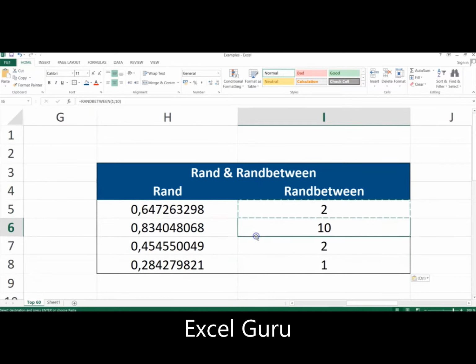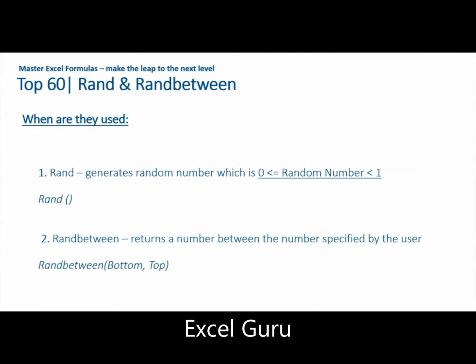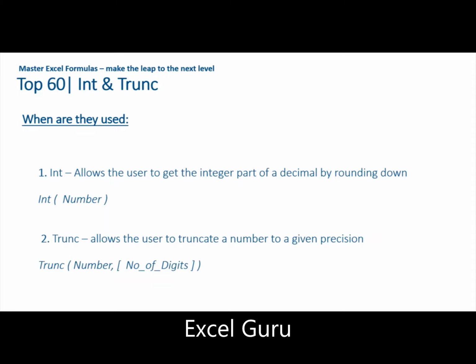Back to the presentation, we have the next set of formulas, which are INT and TRUNC. Both formulas allow the user to get the integer part of a decimal by rounding down, for example.